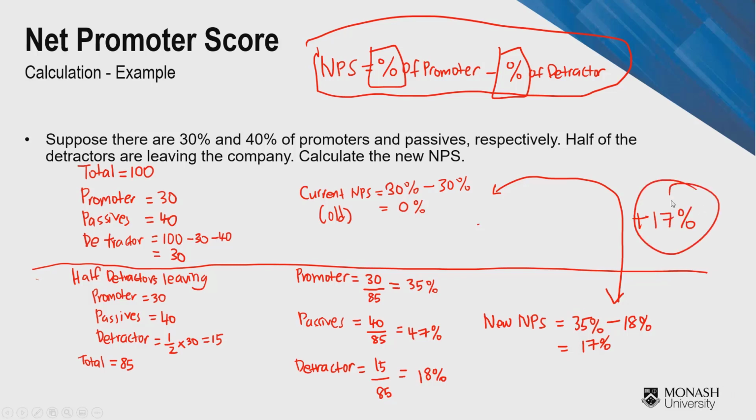Now the question is, is that good? I would say probably not, because all this extra 17% is because these detractors are leaving the company. So technically you have fewer customers to start off with. So you are not on equal footing here, if you think about that.